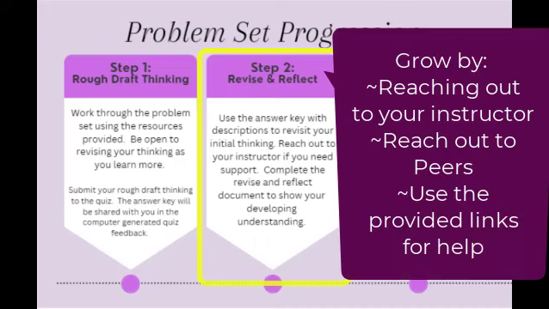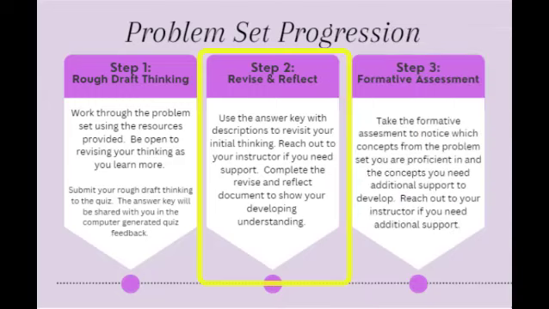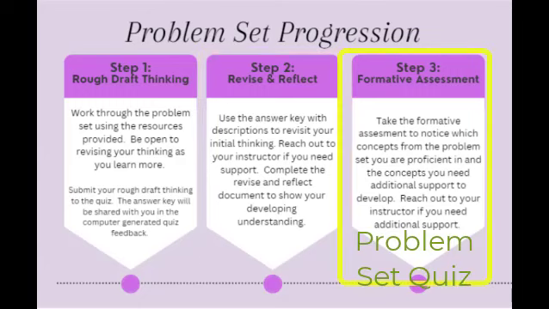As you complete your revise and reflection task, you're encouraged to reach out to your instructor or classmates for support. You can reach out to your classmates through the optional discussion board for each problem set. After you've completed the reflection assignment, you will submit it to Canvas and move on to taking the formative assessment quiz. In this quiz, you'll show what you've learned in the problem set.